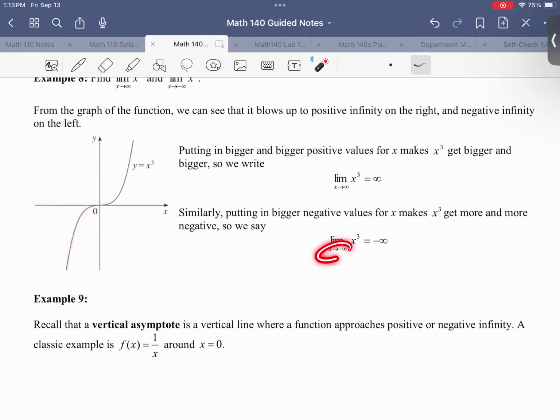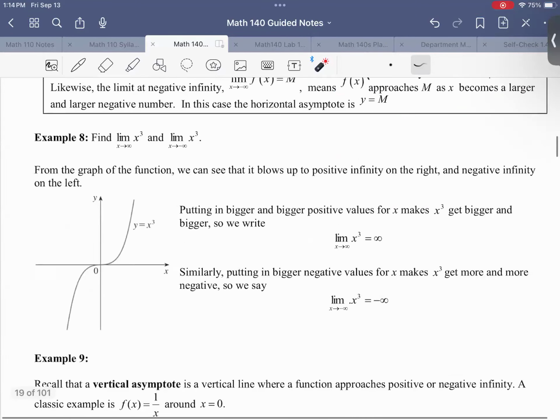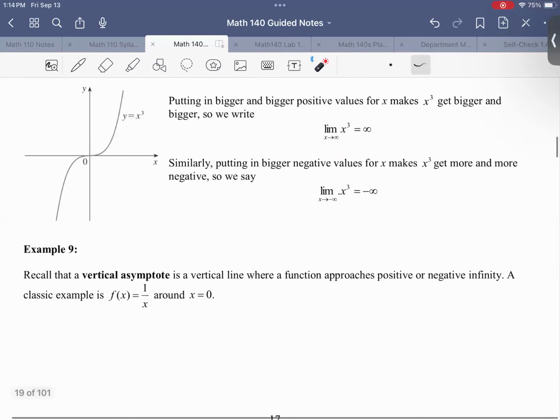So as x goes to negative infinity, our function goes to negative infinity. That is a brief introduction to limits at infinity, when x is approaching infinity or negative infinity.